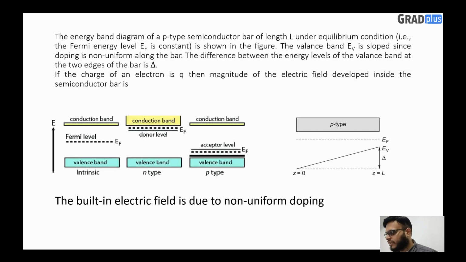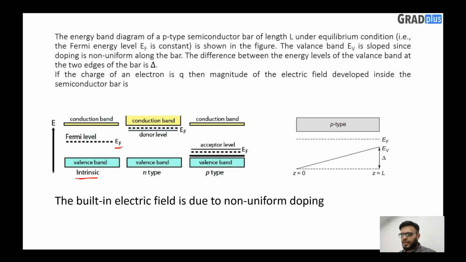Here you can see in this diagram that for an intrinsic semiconductor, the Fermi level lies in the middle of the conduction band and valence band. Means between the bottom of conduction band and the top of valence band, the forbidden energy gap, the Fermi level lies at the middle of that. As soon as you dope this intrinsic semiconductor with p-type or n-type impurities, it will move.